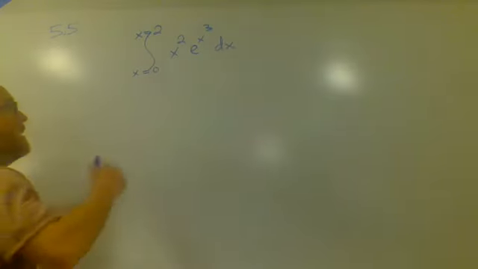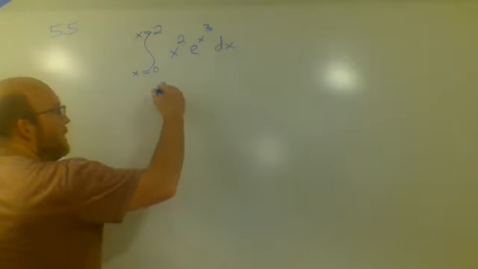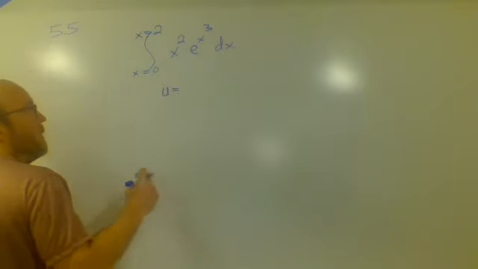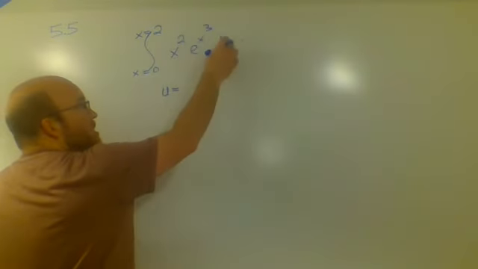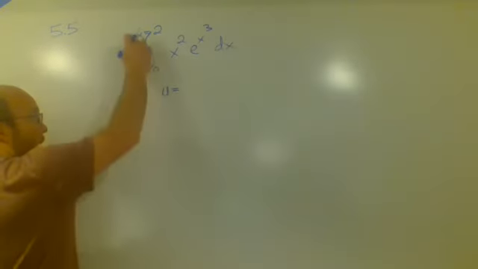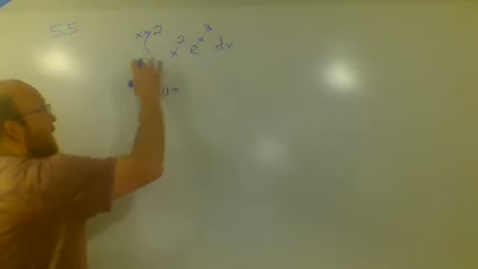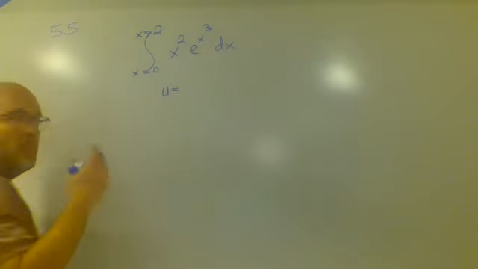So the only reason we have to be careful with that is that if I am changing variables, I'm going to be changing the inner function, I'm going to be changing the dx, I also have to change these variables. It's not going to do me any good to change all of this into the u's if I leave these as x's. Okay, so that's the only extra step that we have to be aware of here.